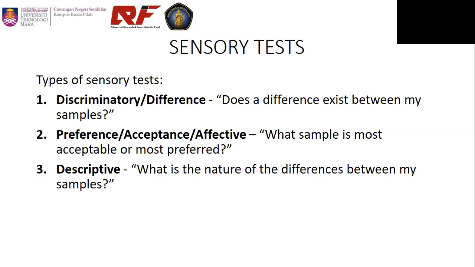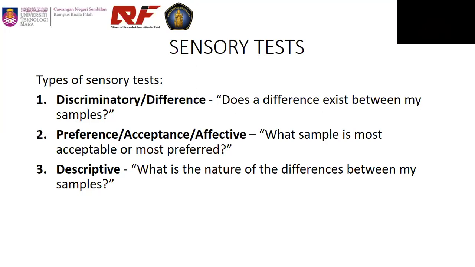However, since this slide includes other sensory tests, I hope that after these 14 weeks of lectures, you can classify the sensory tests into 3 different types. We have discrimination or difference tests, then acceptance or preference or affective tests, and then descriptive.